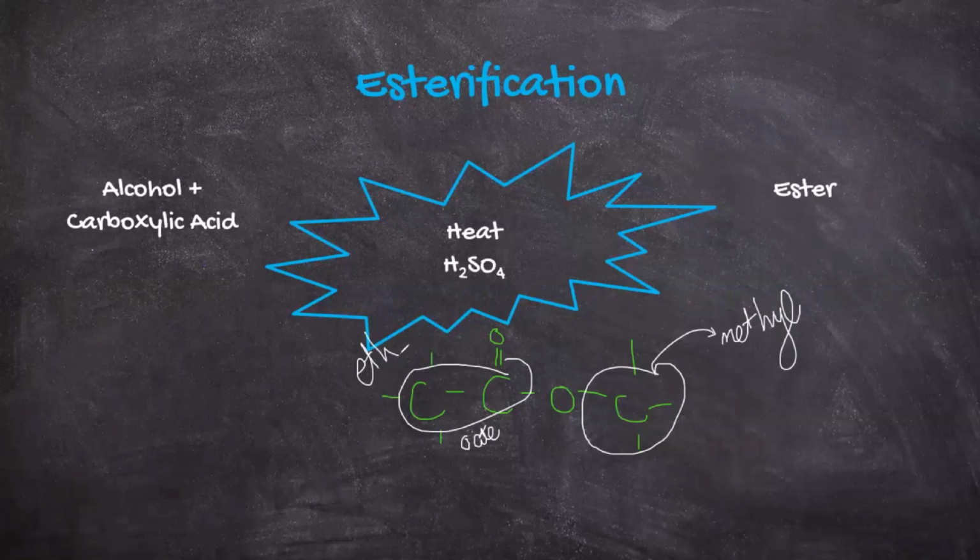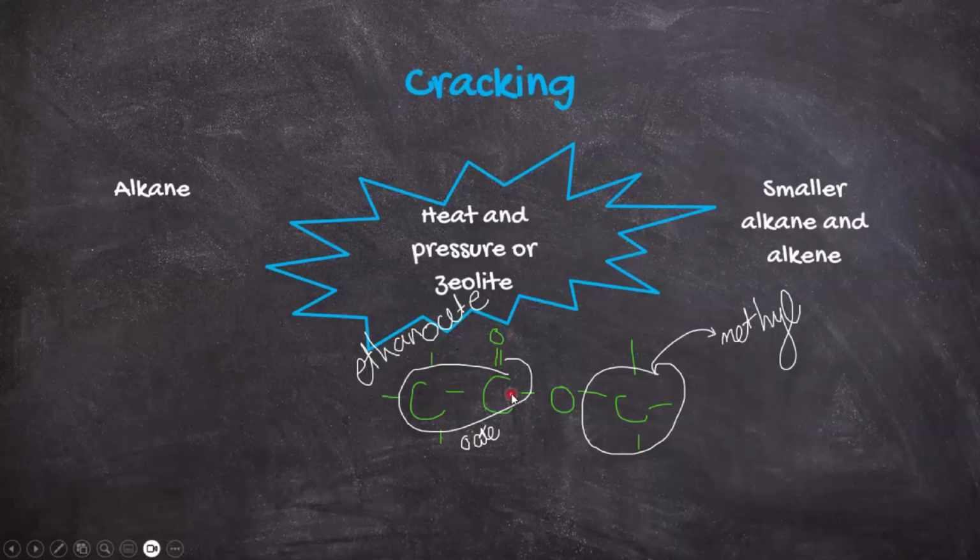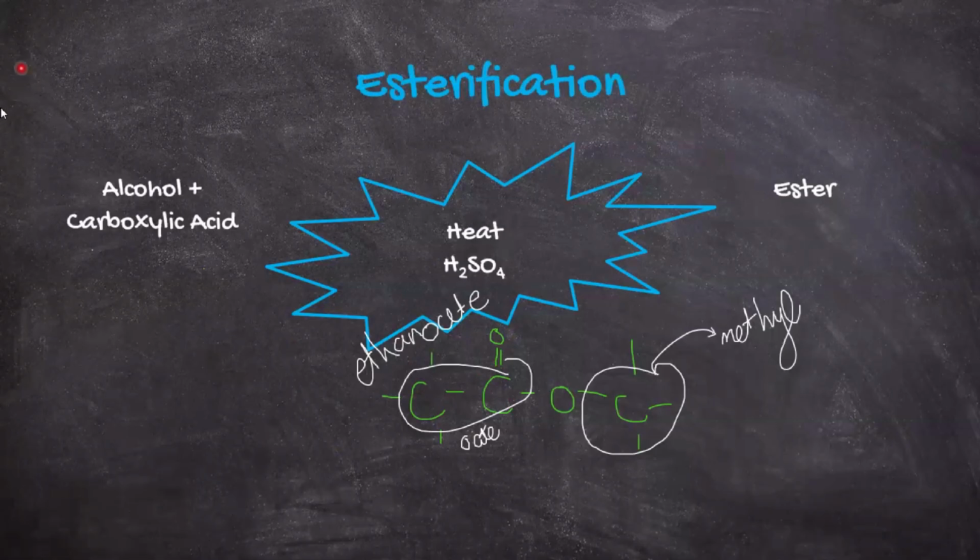Now we have ethanoate. The whole ion all together is called ethanoate. So that's where this name comes from. It's going to be methyl from this side, ethanoate from the other side. See? Hopefully that's clear.